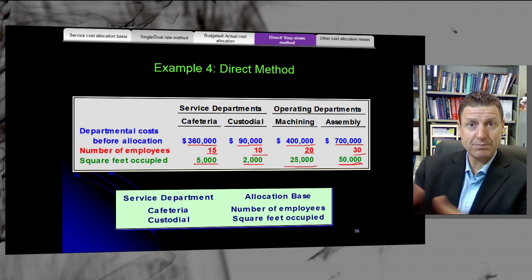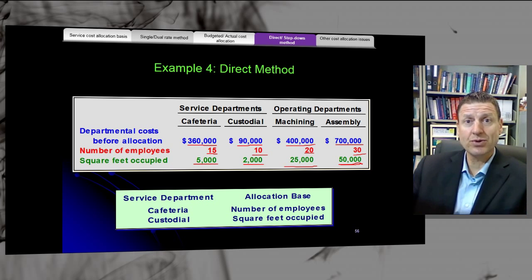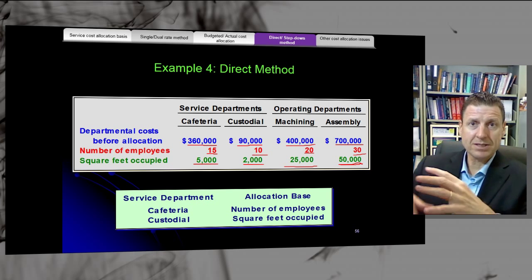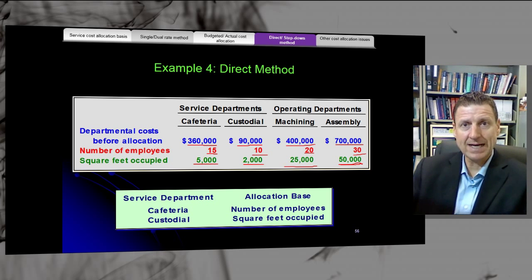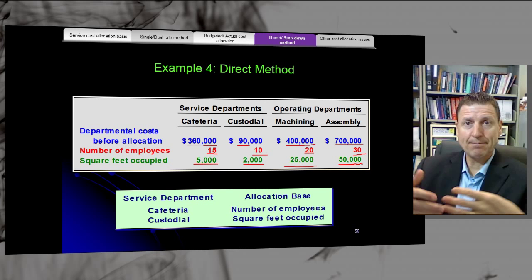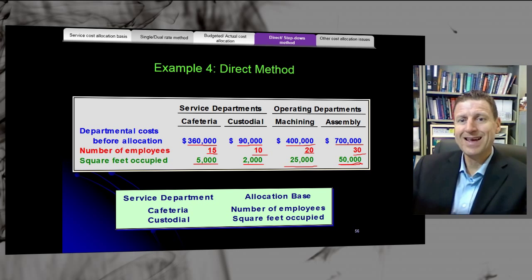Well, the assembly is much larger, it needs more security, it needs more inspections, it needs more people walking around, it needs more locks and fittings and passwords to safeguard various assets and to make sure people cannot go where they should not go.